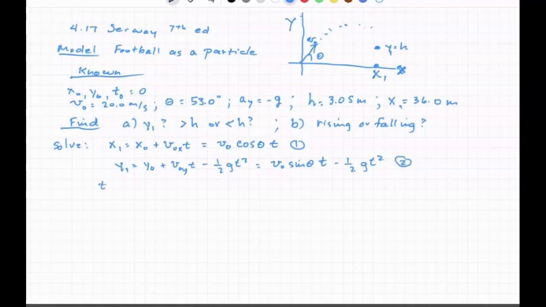T is equal to x1 over v sub 0 cosine theta.